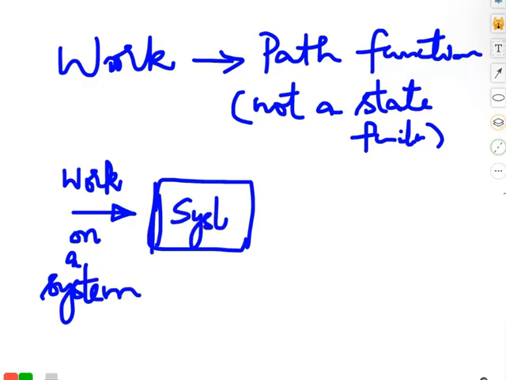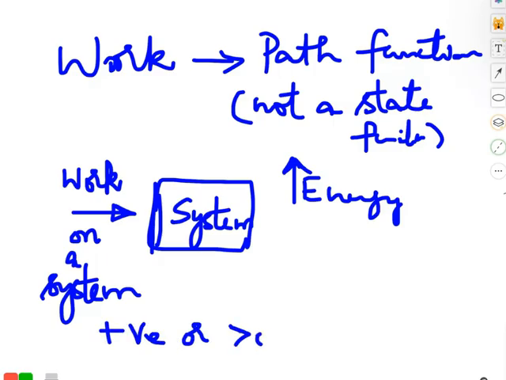The energy of the system is going to increase, because it takes the energy from outside and stores it. So when work is done on a system, it will be positive, or greater than 0.